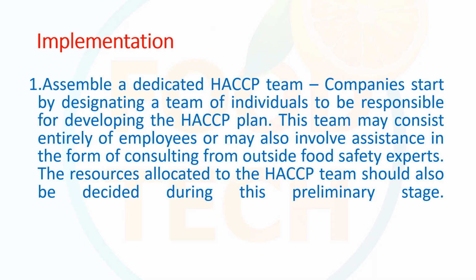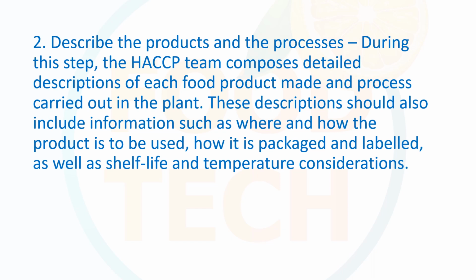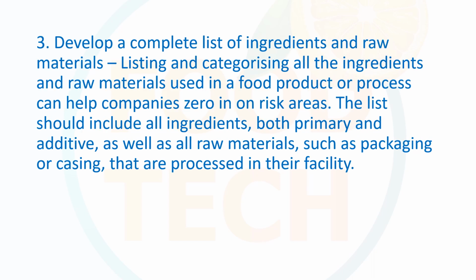This is about implementation, how the HACCP team is formed. It consists of food safety experts, assistants and others, and the HACCP team should be decided during the preliminary stage. After the team is formed, the details should be given: how labeling and packaging are done, the shelf life of the product, and temperature considerations.